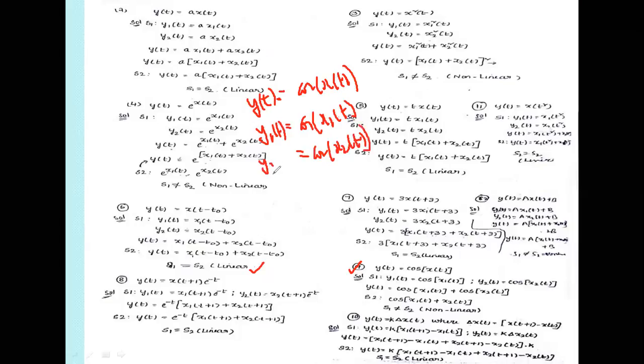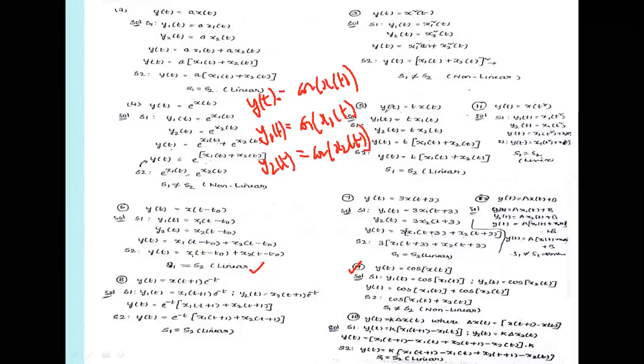Let y of t be equal to cos of x of t, the ninth example, my dear students. Now I am individually checking the input x1 of t, getting the response y1 of t, and input x2 of t, whose response is y2 of t.